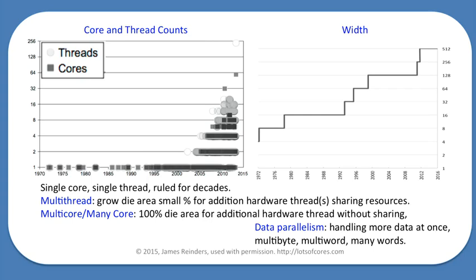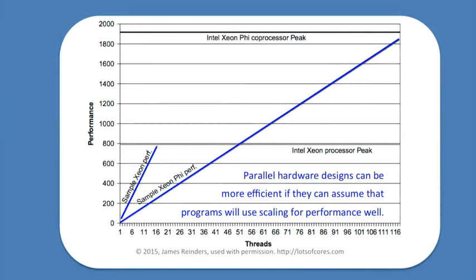So we've increased core count, increased thread count, increased the width that data is operated on, increased the number of activities going on in GPUs, and also increased cache sizes, all to promote performance, but through parallelism. And this has an implication.